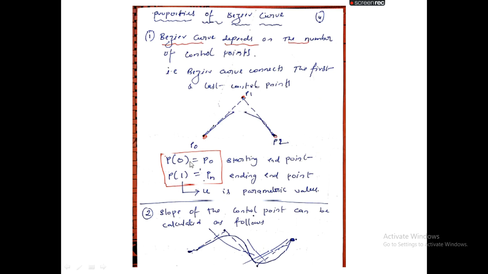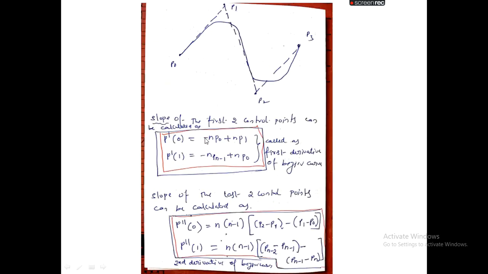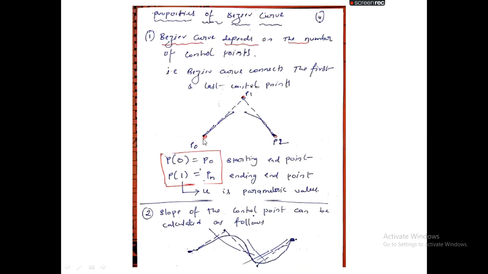Our curve crosses from the first control point to the last control point, but it never crosses one of the control points, called P1. So what I want to conclude is that Bezier curve depends on the number of control points in that particular curve. Based on the number of control points only, we are creating a particular curve like this.